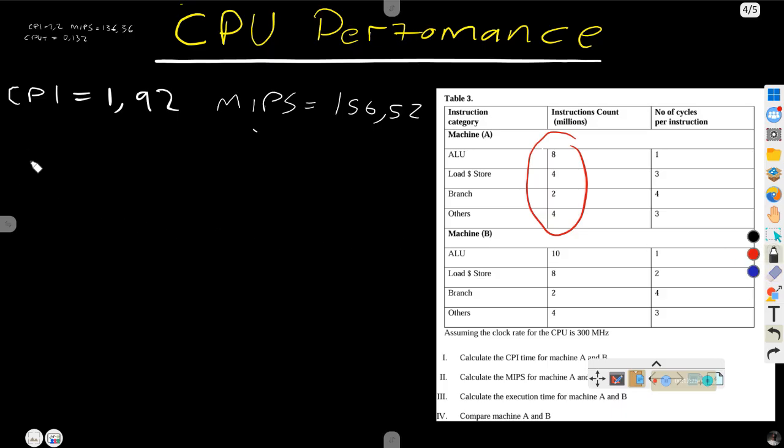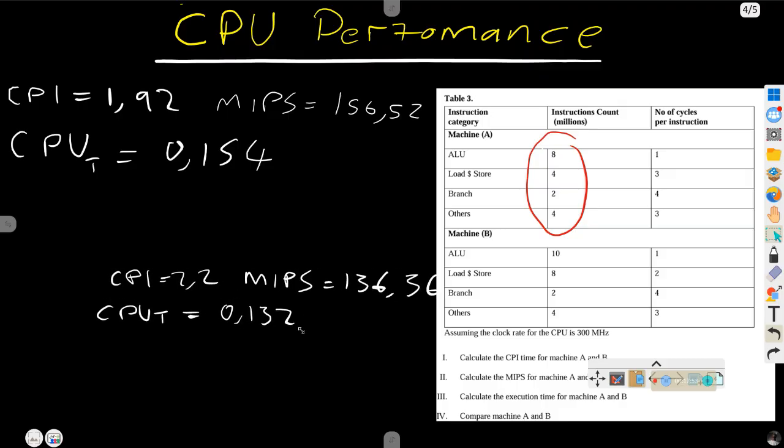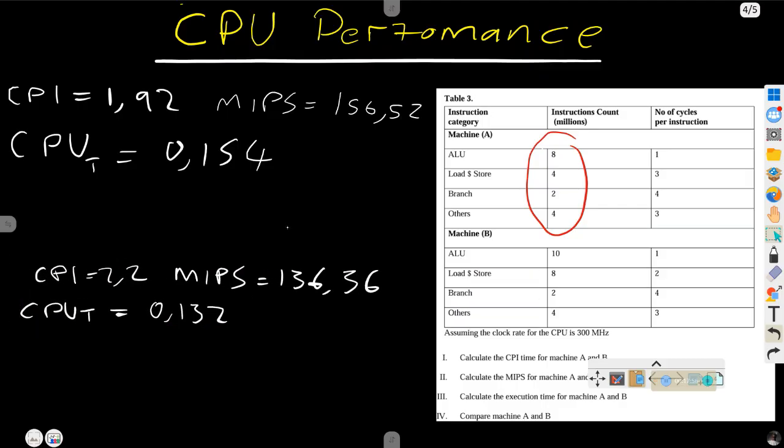Okay, now our CPU time is equal to 0.153. Now we have done the calculation of machine B. Now let's compare it to what is in machine A, right?